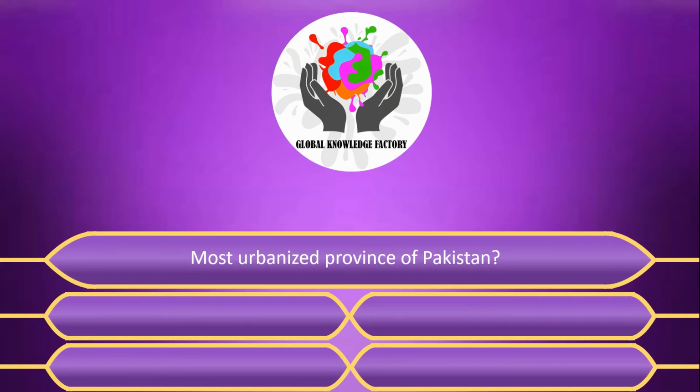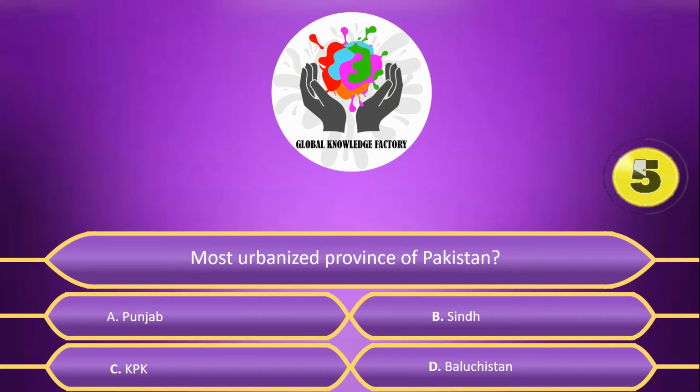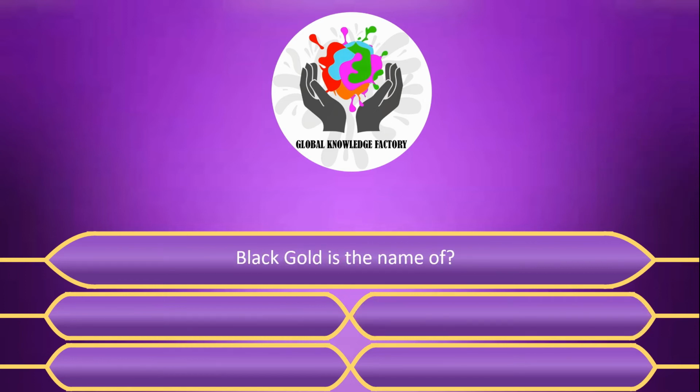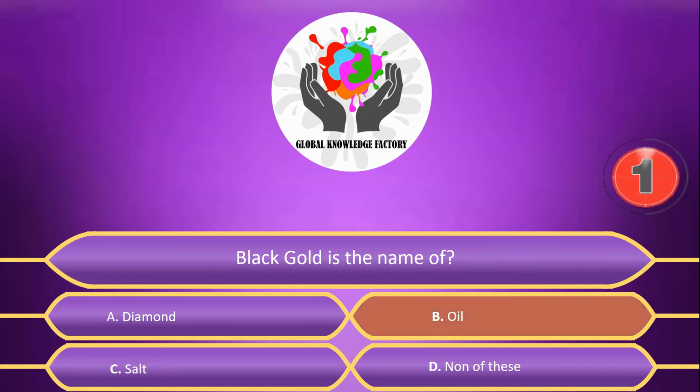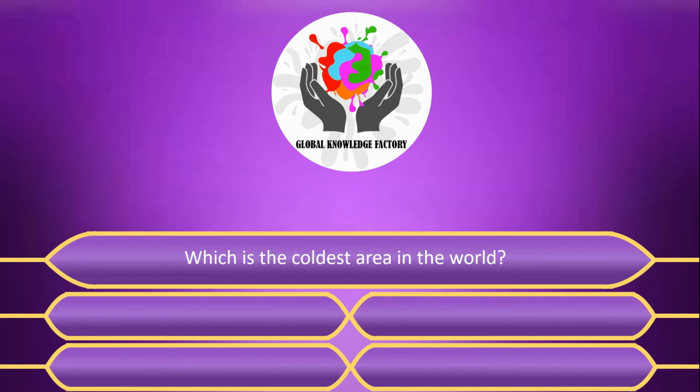Most urbanized province of Pakistan? Answer is Sindh. Black gold is the name of? Answer is oil.